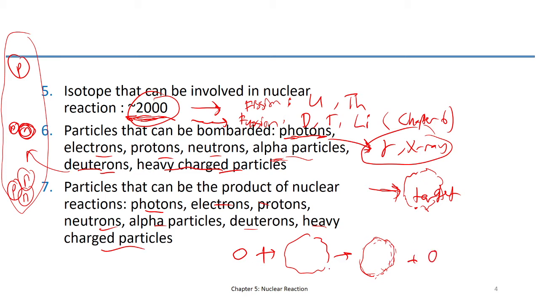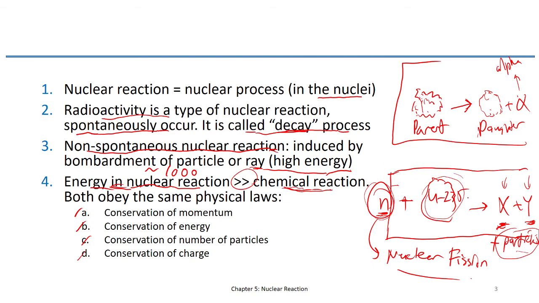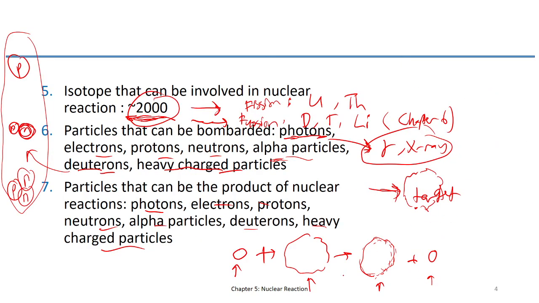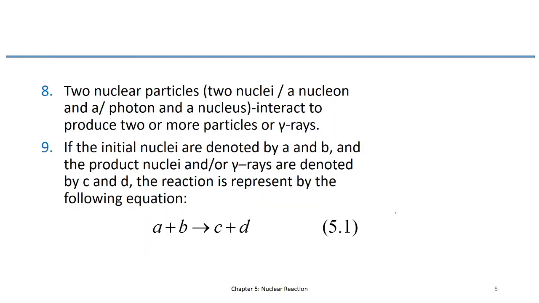So you have particle in, particle out, the target and also the product. Especially in the fission of uranium 235, it could be more than one product nucleus.